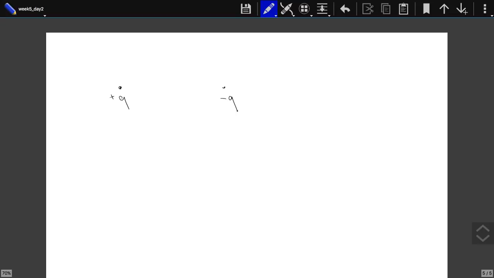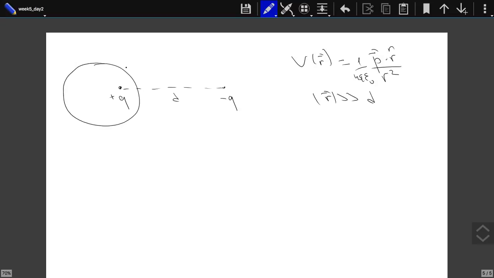It is a dipole, but you see the expression we obtain, this was equal to p dot r hat divided by r squared, 1 over 4 pi epsilon 0, if I'm not missing any factors. This is valid if r is much, much larger than d. That expression is valid only in that case. But you see, the spheres we are trying to find look like this one.